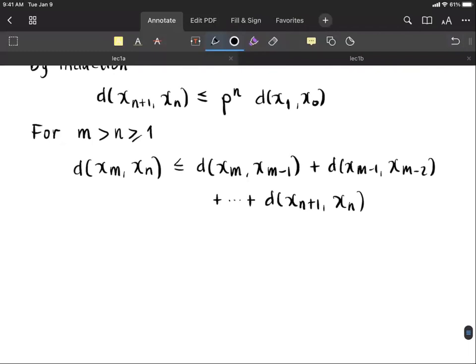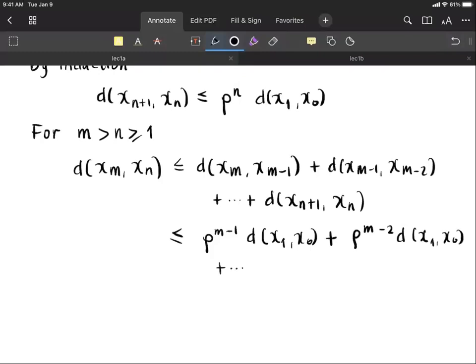So here, the first one is less than or equal to rho raised to m minus 1 times the distance between x1 and x0, plus rho raised to m minus 2 times the distance between x1 and x0, up to rho raised to n times the distance between x1 and x0.